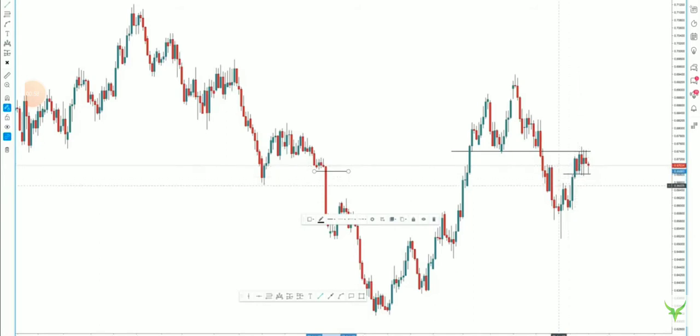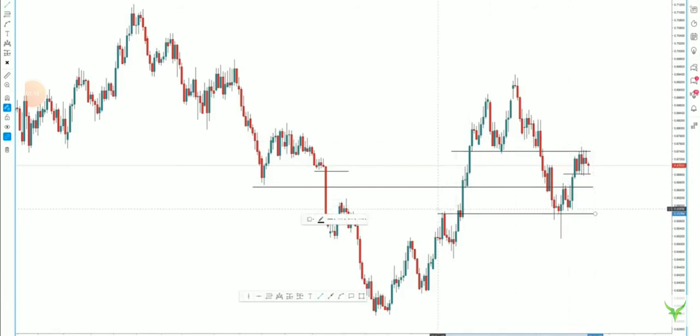Then let's take one look further, the next level above and below. Not a super strong level, so we have some confluence here, no confluence here, a little bit here. Let's see how it looks on the lower time frames, but that's the next underneath, and then we have the final level underneath current price.